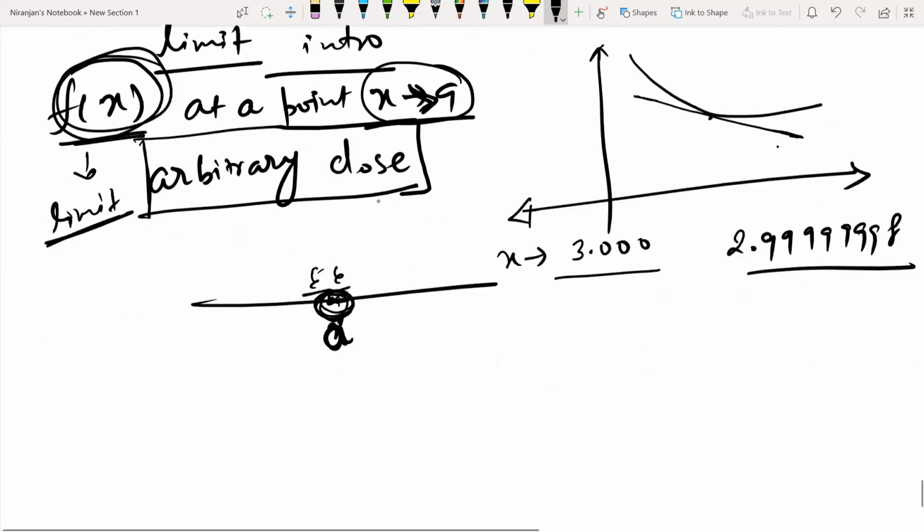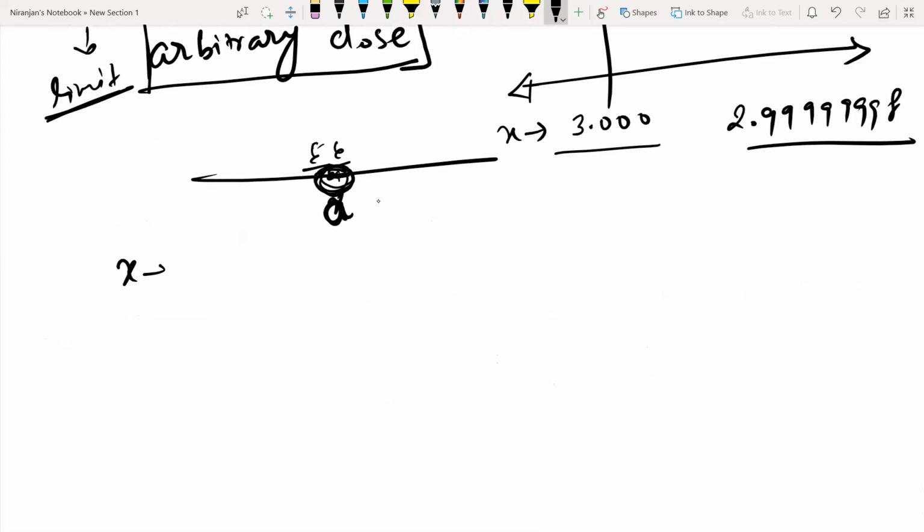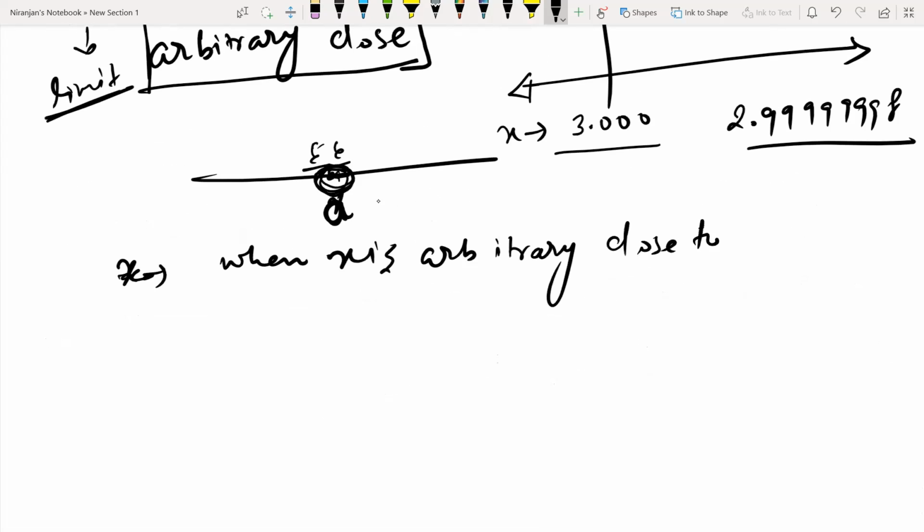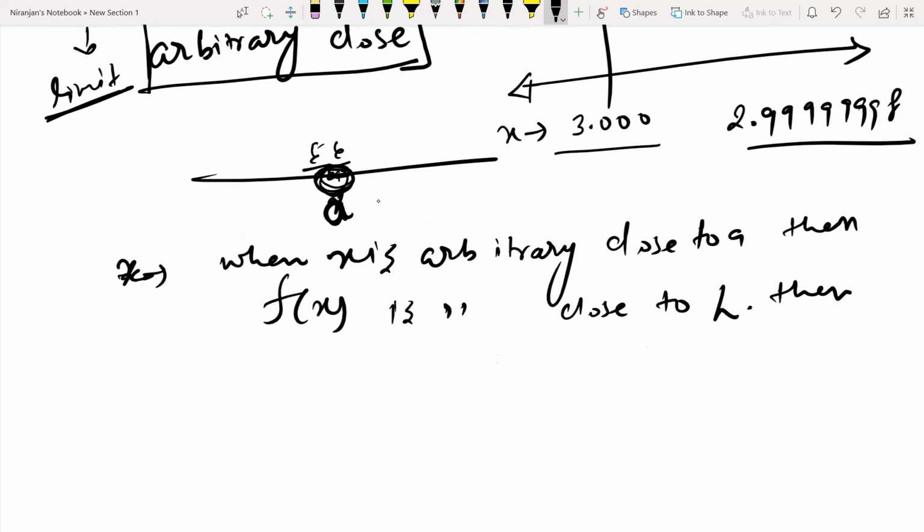So I hope the concept is clear. The idea is that when x is arbitrarily close to a, then f of x is arbitrarily close to L, and L is the limit of f of x as x approaches a. Pay attention to this wording.